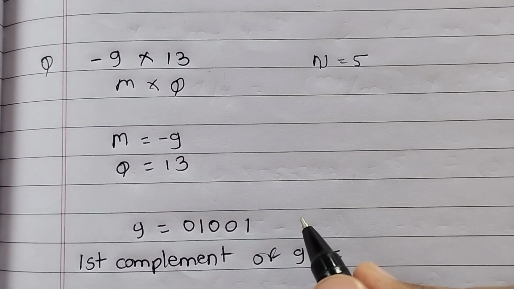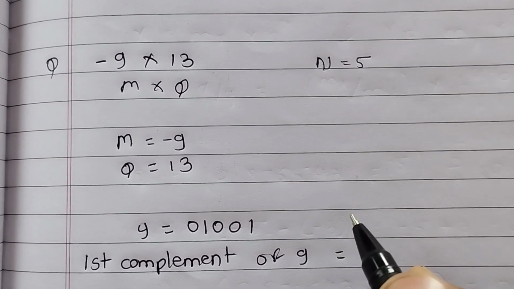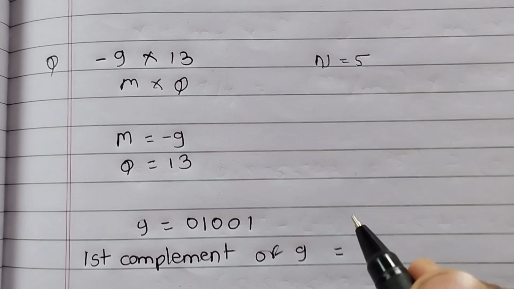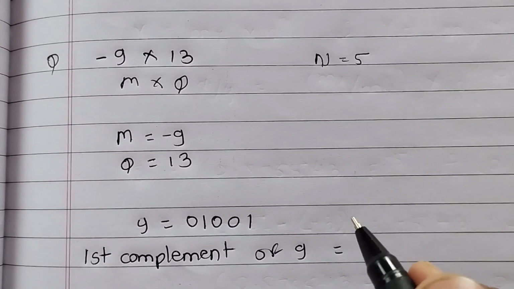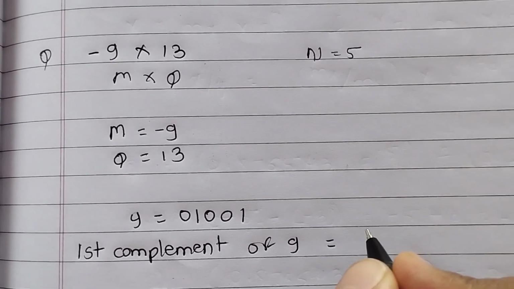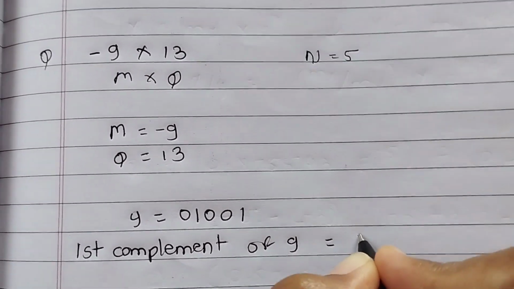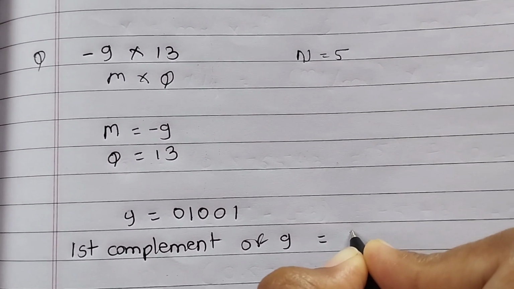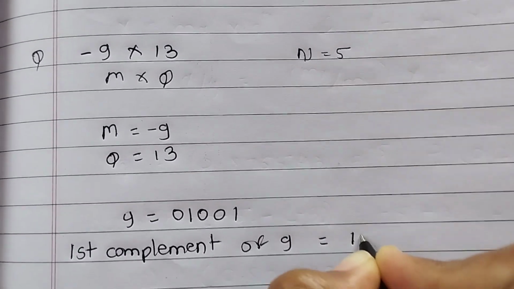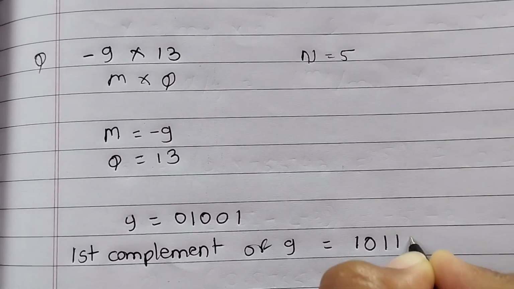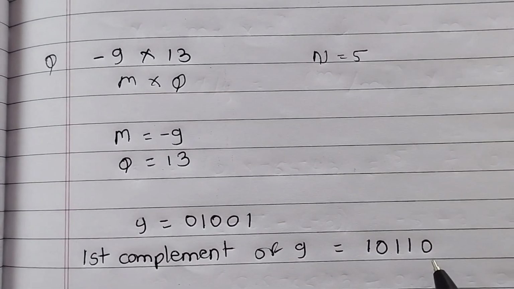If 0 is present, it is converted into 1, and if 1 is present, it is converted into 0. So this is the first complement: 1 0 1 1 0.